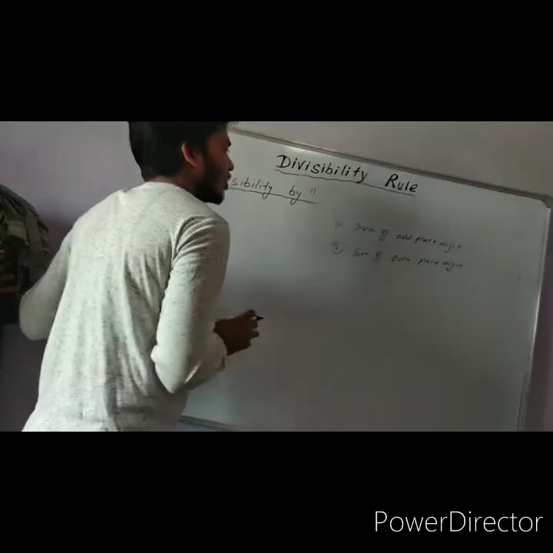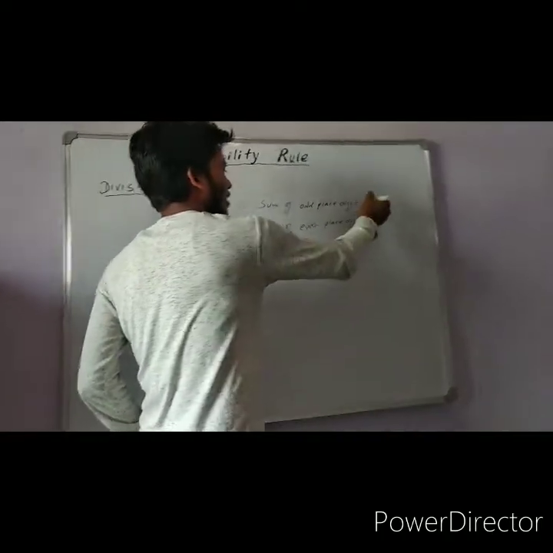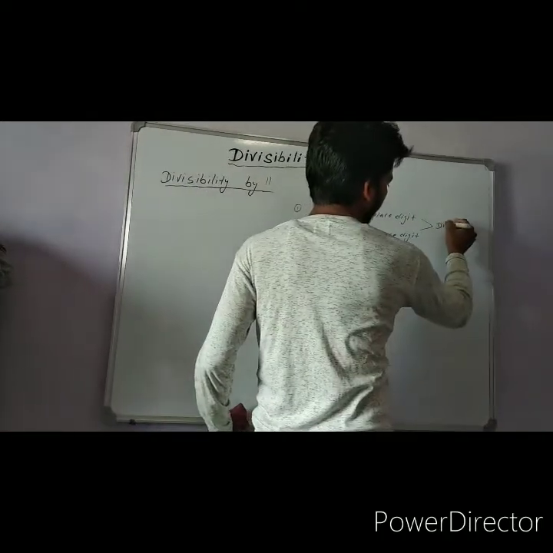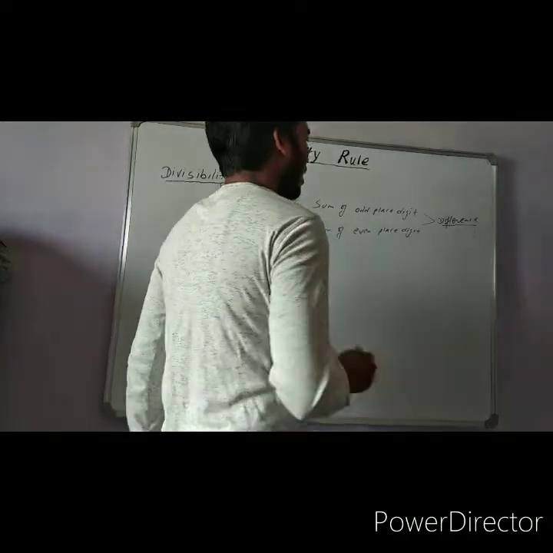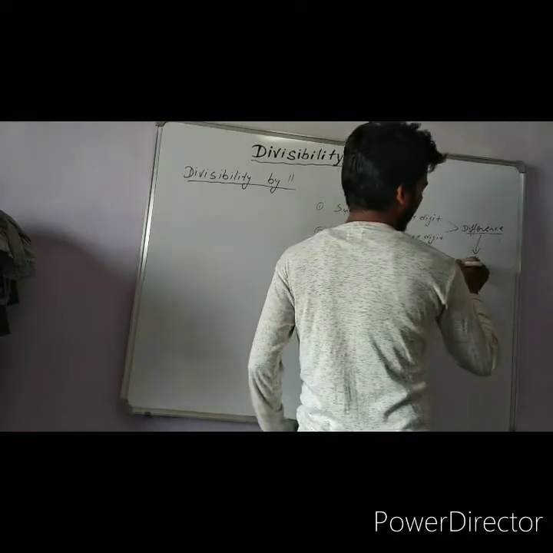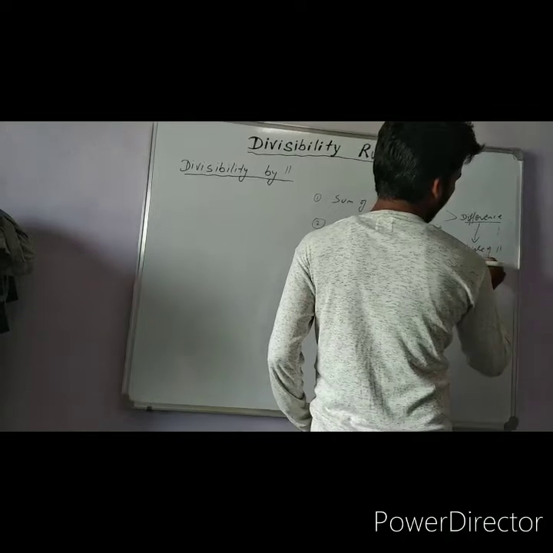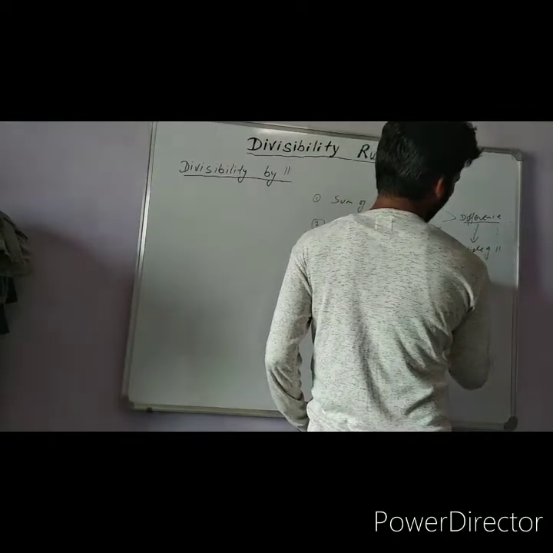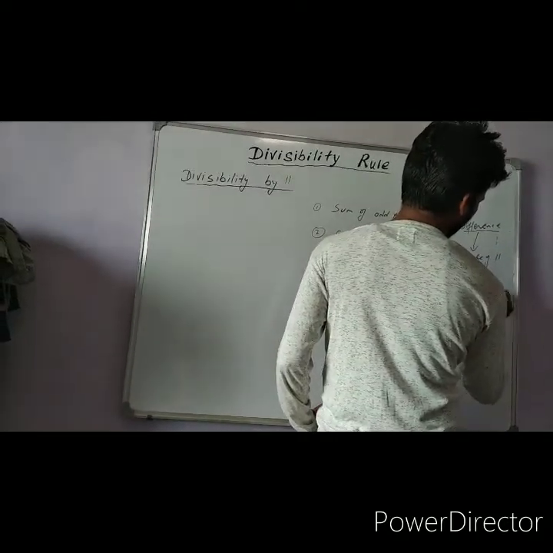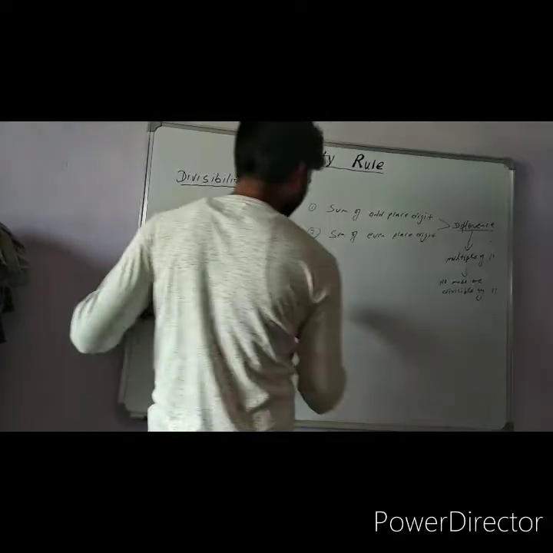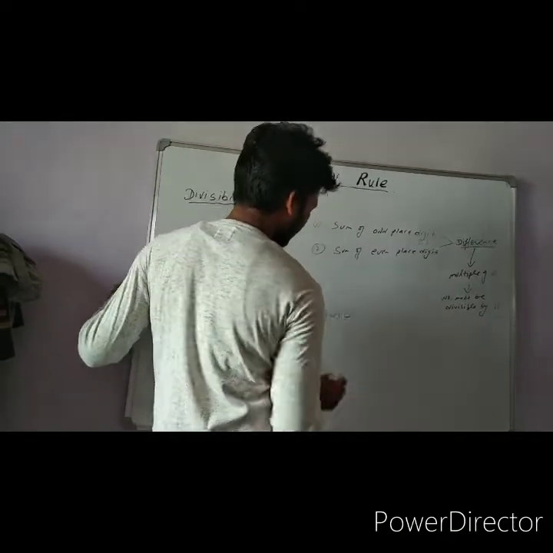First find the sum of the odd place digits, and second, the sum of the even place digits. After that you have to find the difference between them. If the difference is a multiple of 11, then the number must be divisible by 11.